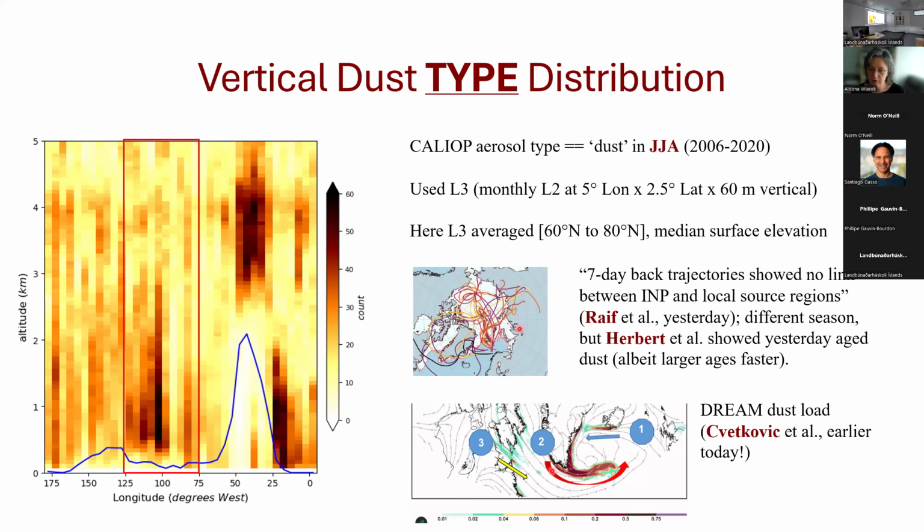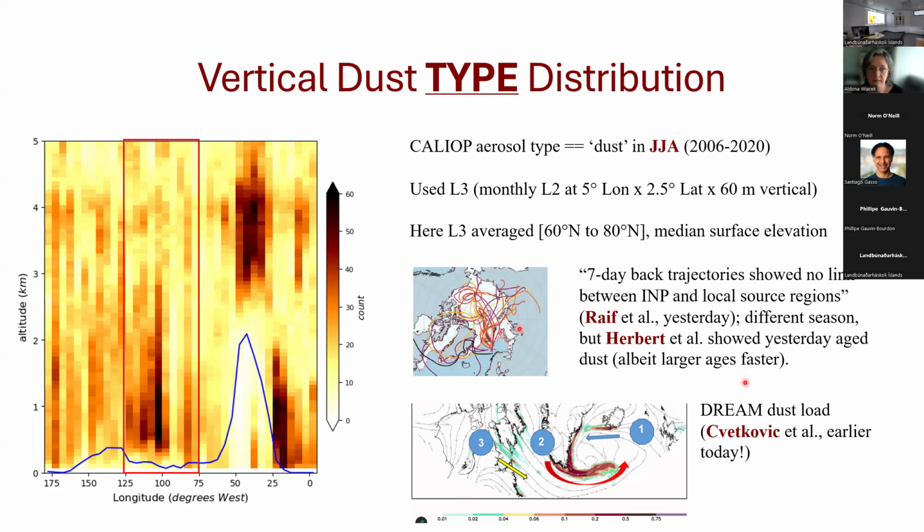And this morning, I don't know much about dust emissions here or where this could be coming from, but there was a really nice animation of the dream dust load, with katabatic flows mobilizing dust and pushing it out over the water, and you've got the Icelandic sources. So maybe this is real too. I'm happy to talk about that.